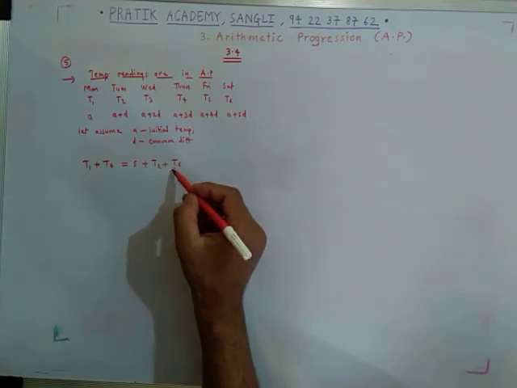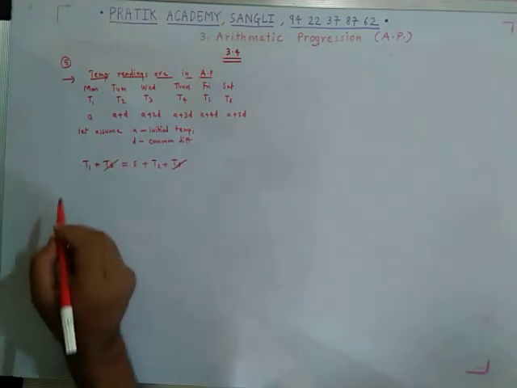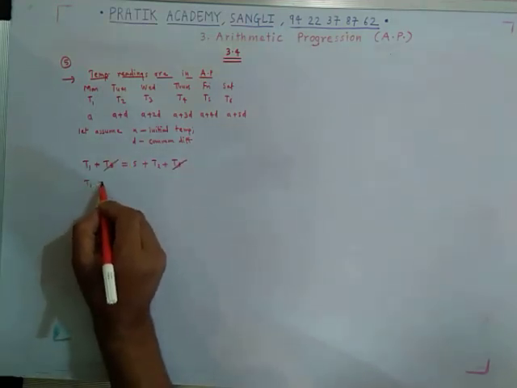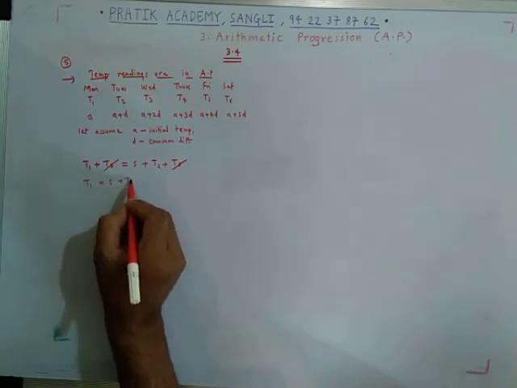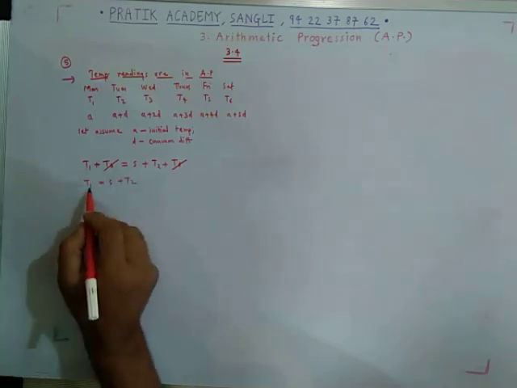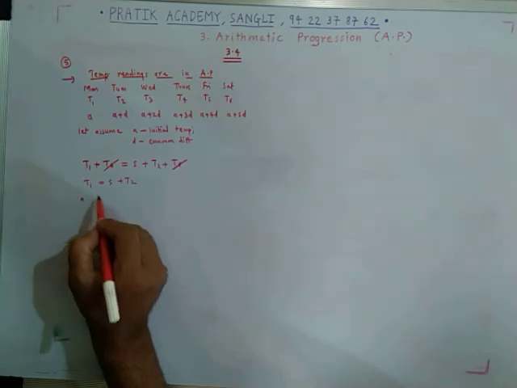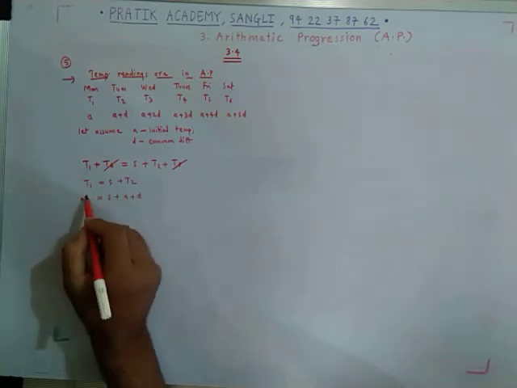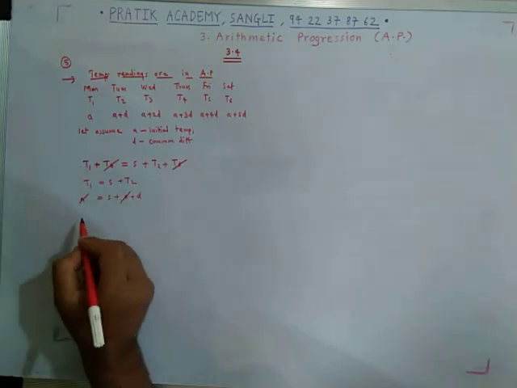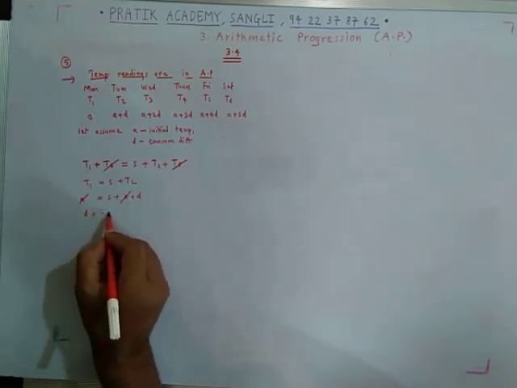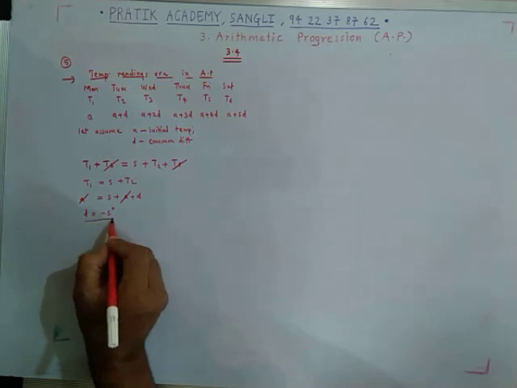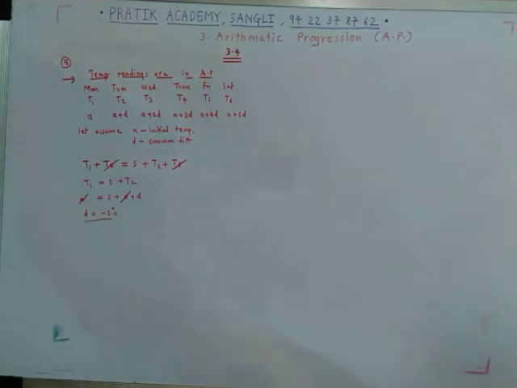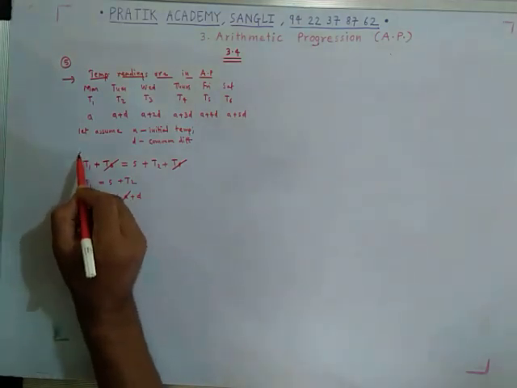Then T6 gets cancelled, so T1 is equal to 5 plus T2. T1 is a, and 5 plus T2 is a plus d. a gets cancelled, so d is equal to minus 5 degrees Celsius. So we get the common difference from our condition 1.